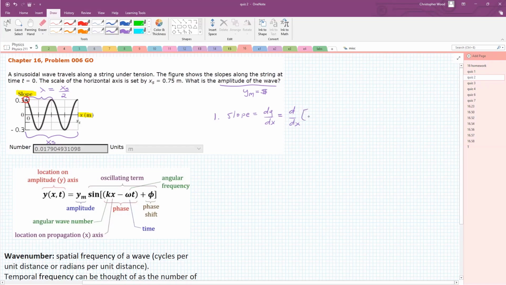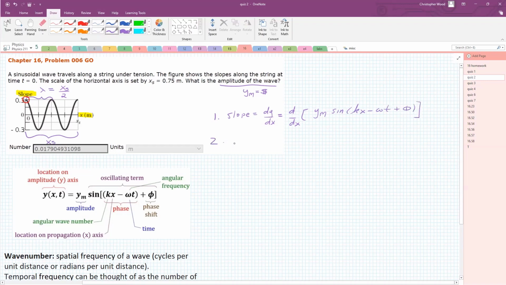I don't know what that is, so let me go with the generic wave function. What is the first derivative of the generic wave equation? What's the derivative of y sub m times sine of kx minus omega t plus phi?